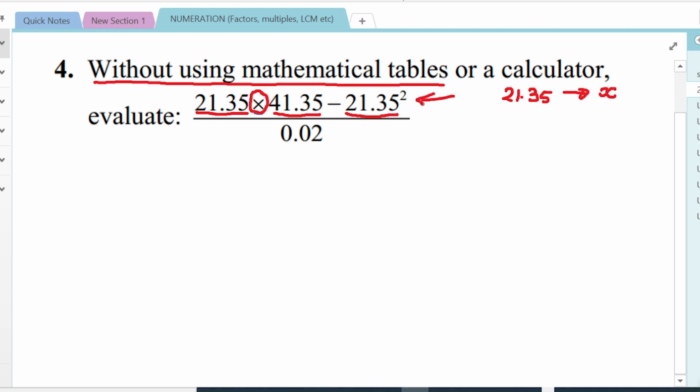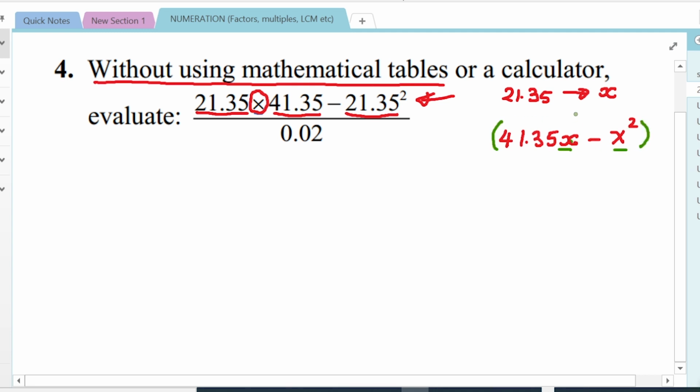So in other words, this would look like 41.35x minus x squared. Are you seeing that we have an x here and an x squared here? So if we factorize this, we see that we have x as a common factor, so we put x outside the brackets, and this becomes x times (41.35 minus x).